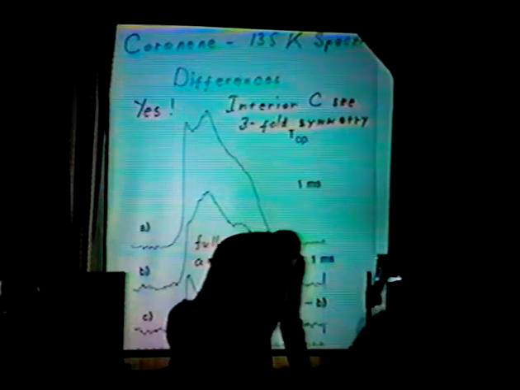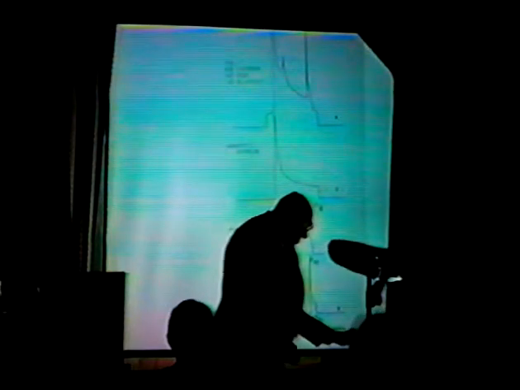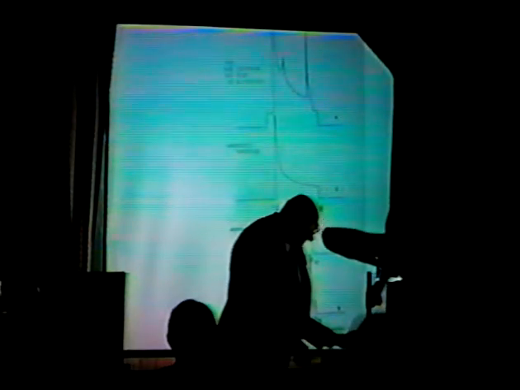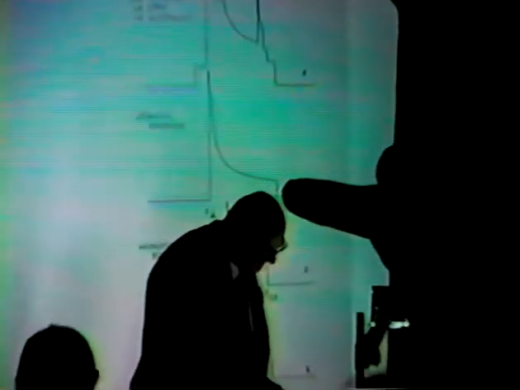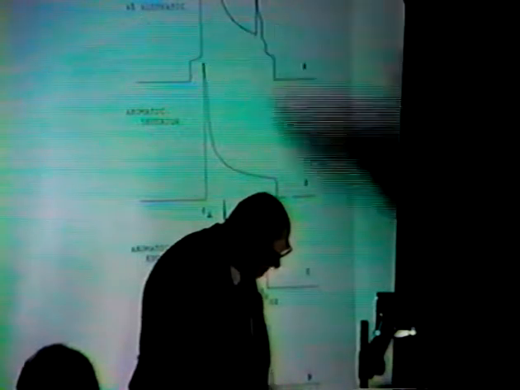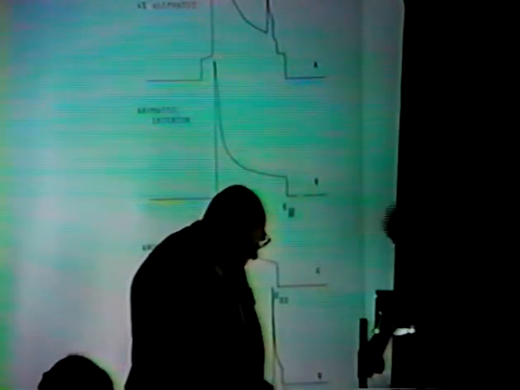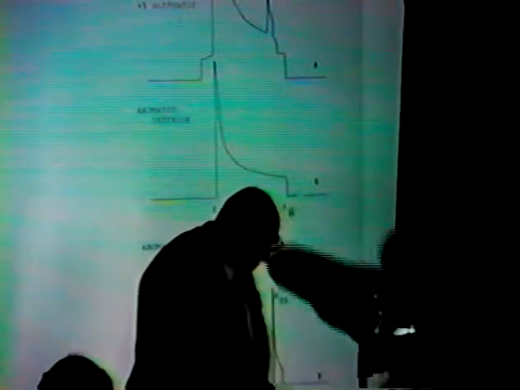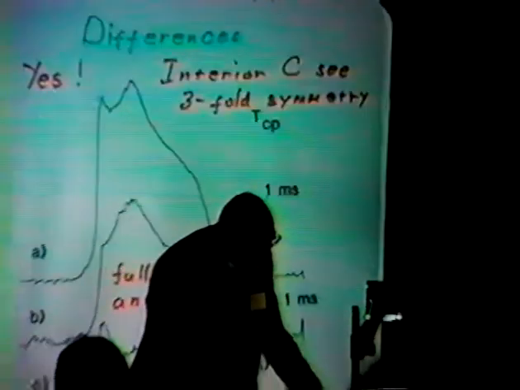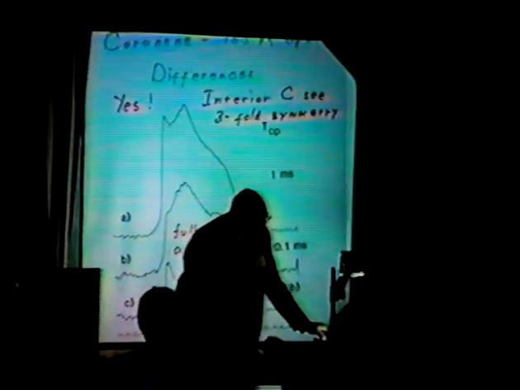I'm expecting that the outside edge carbon atom will look like this, and the interior will look like this. In other words, if I see this sharp axial pattern, then I know I have some interior carbons. And if I see this broad pattern, then I know they have some edge carbons. And I want to count the edge and count the interior ones.